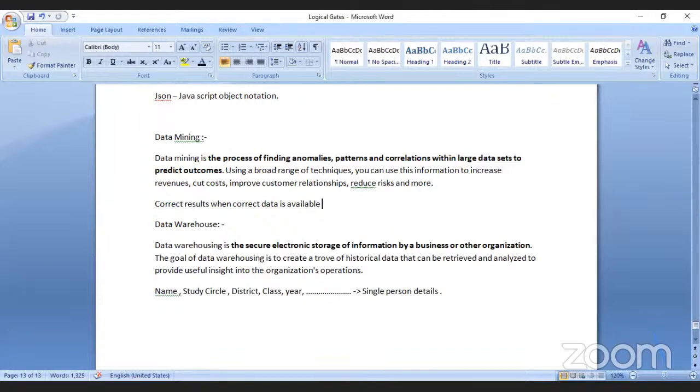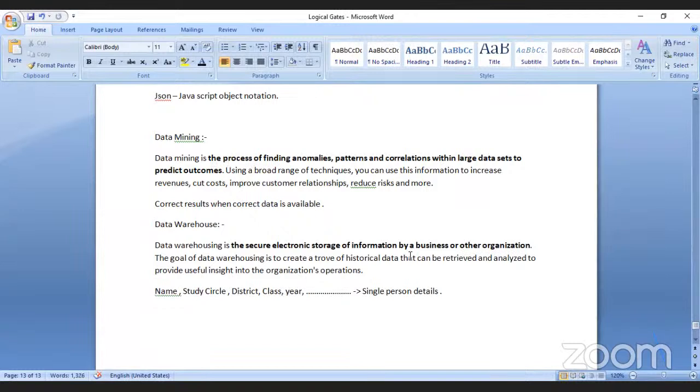So if you are finding the number of mistakes in your program or your database, that can also be predicted; it can be found with the help of data mining. Okay, so this is some information about data mining.